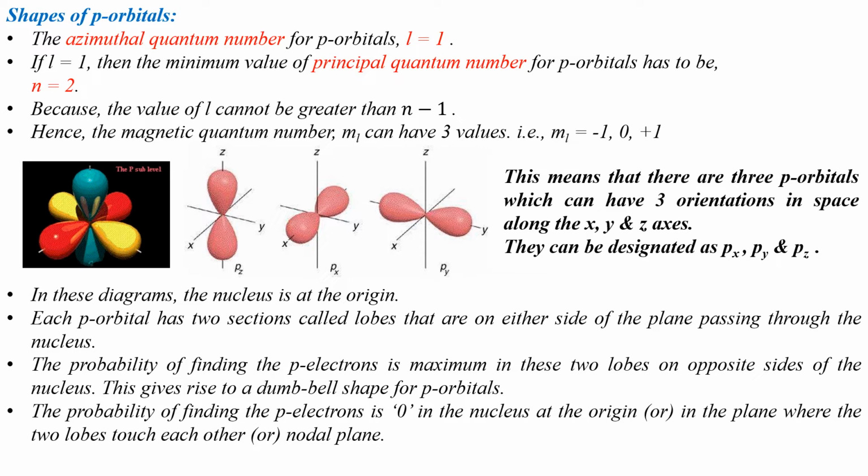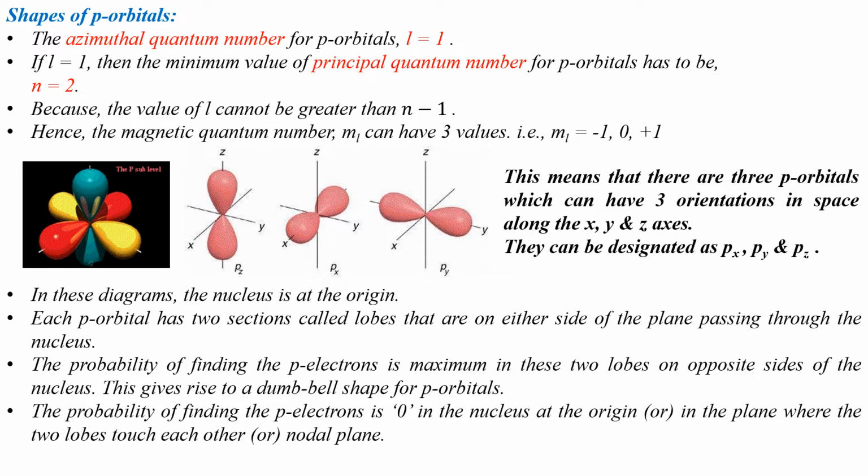The probability of finding the p electrons is maximum in the 2 lobes on opposite sides of the nucleus. This gives rise to a dumbbell shape for p orbitals. So p orbitals in general have a dumbbell shape. The probability of finding the p electrons is 0 in the nucleus, that is at the origin, or in the plane where the 2 lobes touch each other.